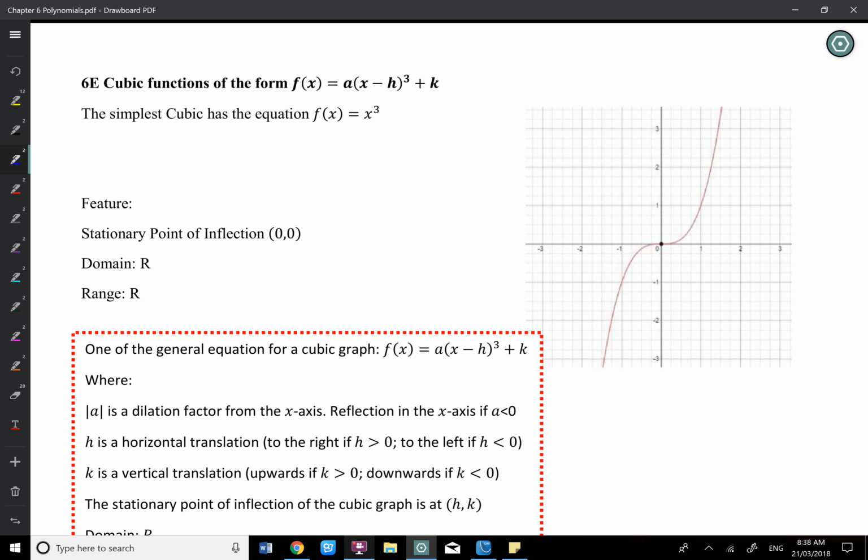If a is less than 0, we have a decreasing graph. But we must have the standard form (x minus h) cubed plus k. If it's not in the standard form, we can't use a less than 0. Because if we see this question, a here is positive, but it's not an increasing function, because when we rearrange it, we can see a actually becomes negative. So we need to make it into the standard form first, and then look at the a value.